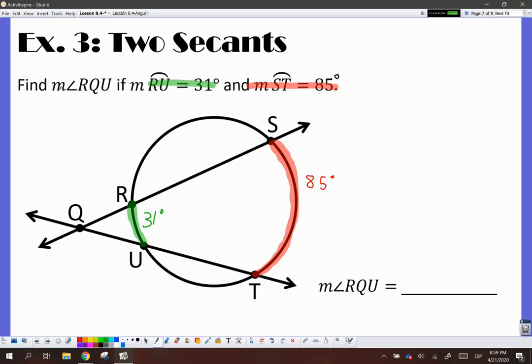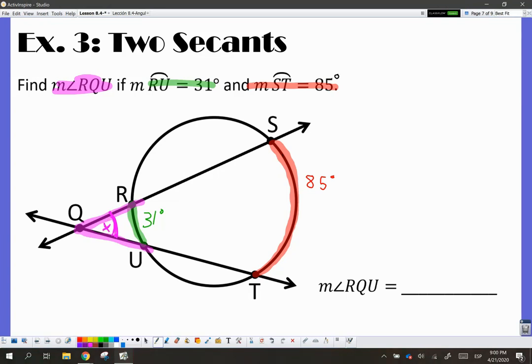And we're trying to find the measure of angle RQU, which I'm going to highlight in pink. So here's point R, there's point Q, and there's point U. So this angle right here, again, that's going to be in pink. And let's call that X, just to make our equation a little bit easier to write out.